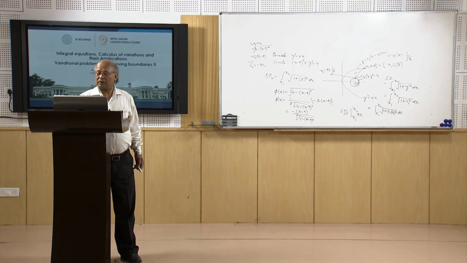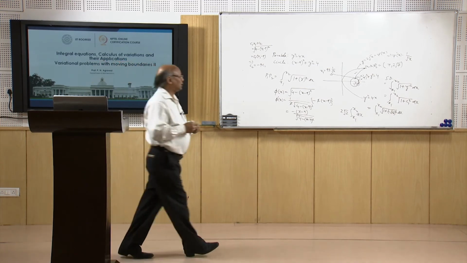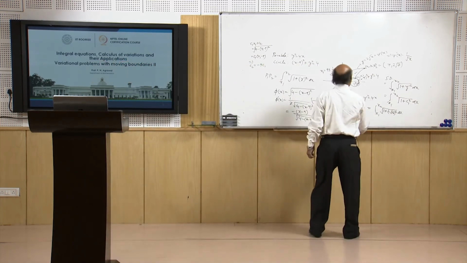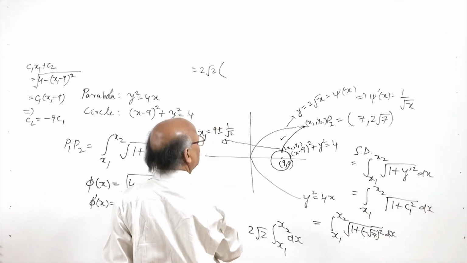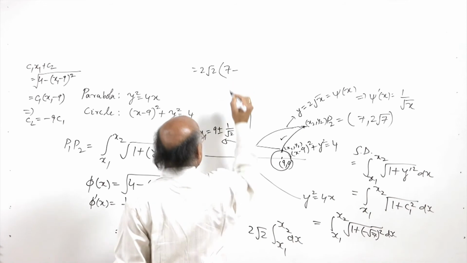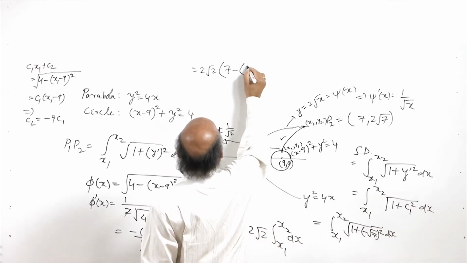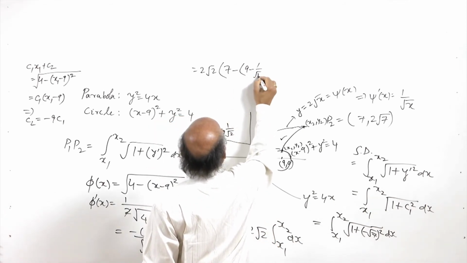So this will be equal to 2 root 2, x2 is equal to 7 minus x1 is equal to 9 minus 1 by root 2 we are getting.